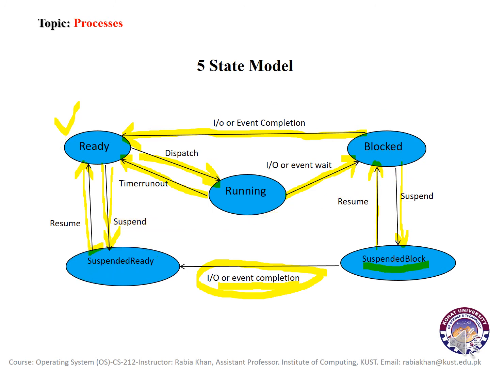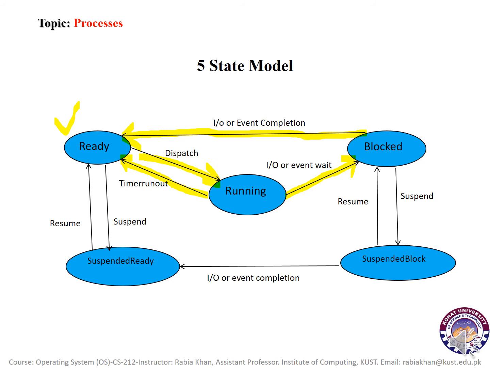Suspension, we have split the suspension state into categories. One is when a process is suspended when it is blocked, and the other is when a process is suspended when it is ready. Now keep in mind, suspension is again a waiting state. And we had also said blocking is also a waiting state.